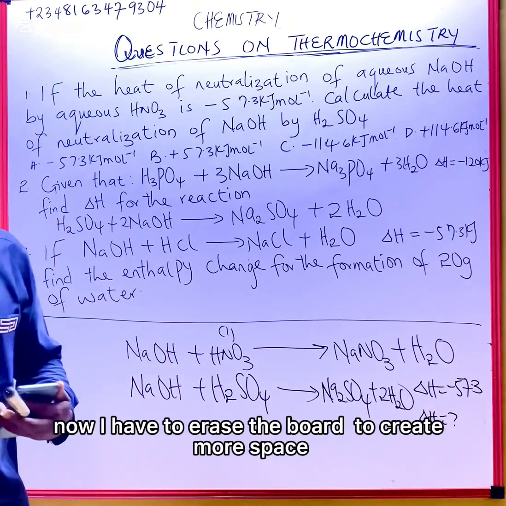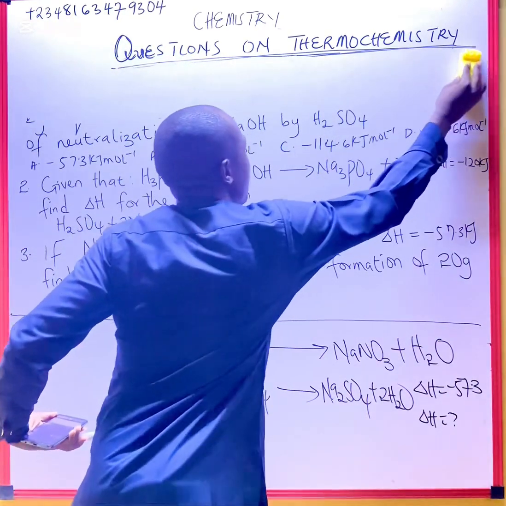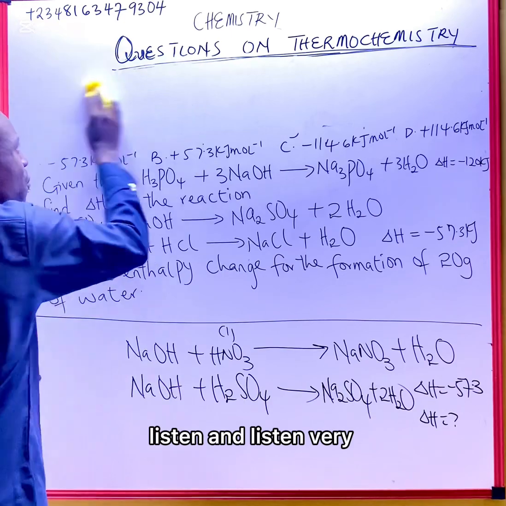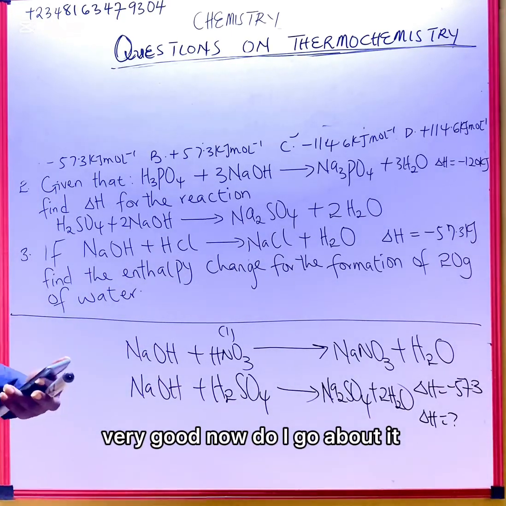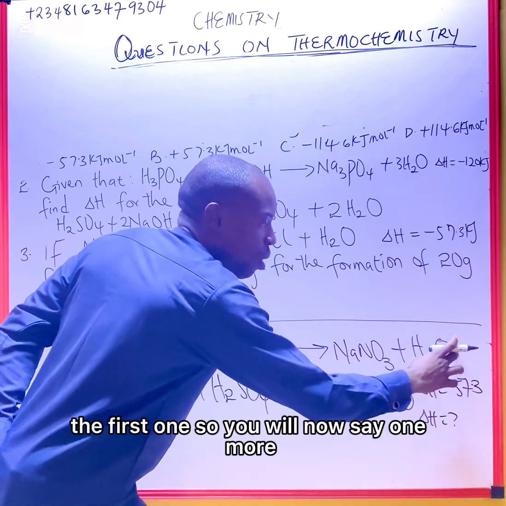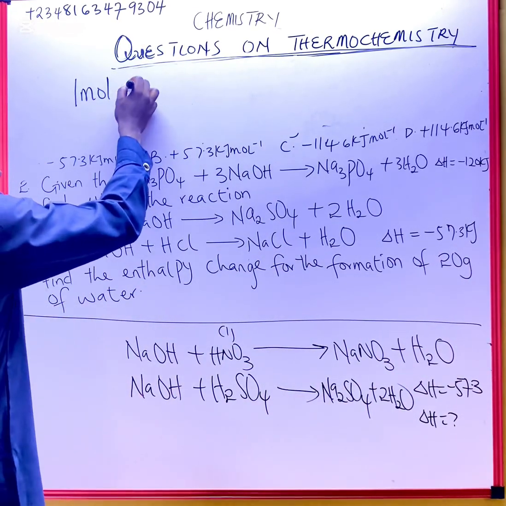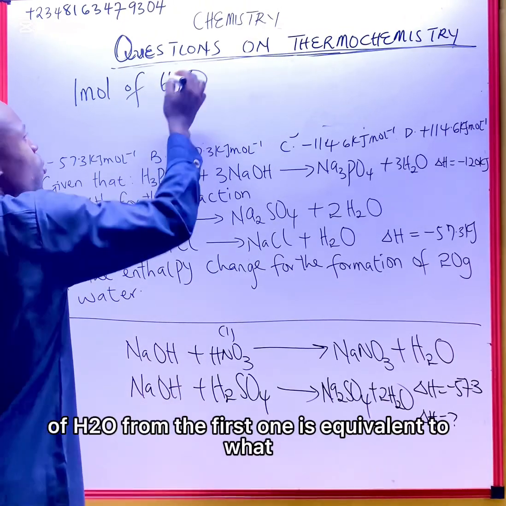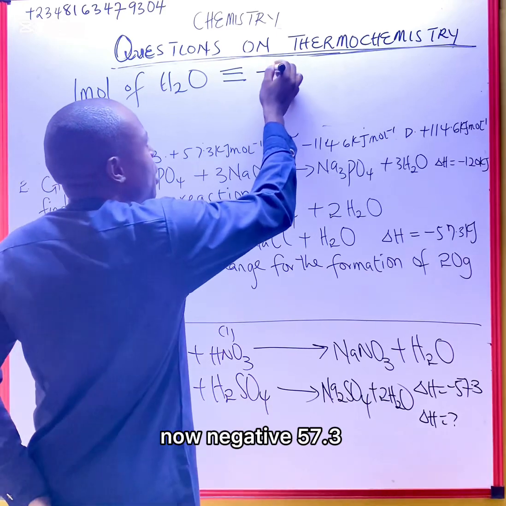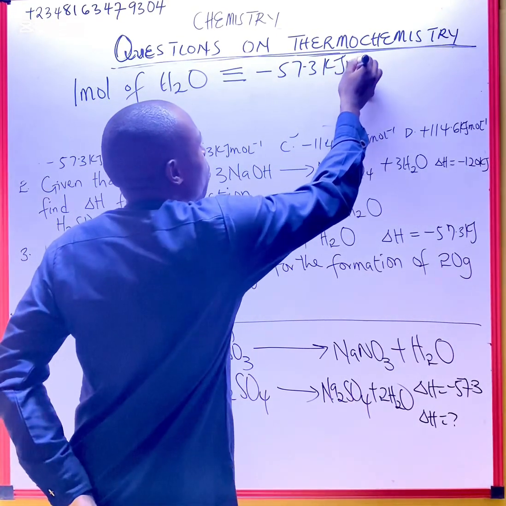Now, I will have to erase the board to create more space to answer it. Listen very, very good. Now, how do I go about it? Take note, you are picking water and water here. The first one: 1 mole of H2O from the first one is equivalent to negative 57.3 kilojoule per mole.